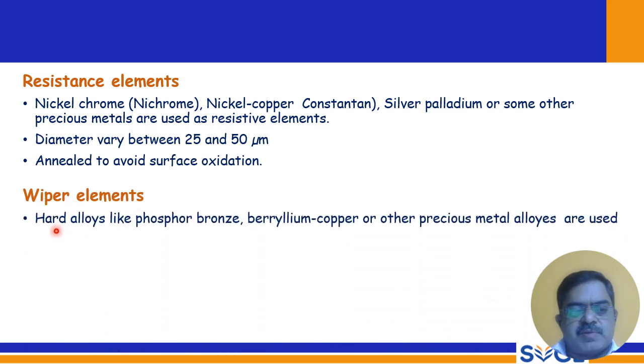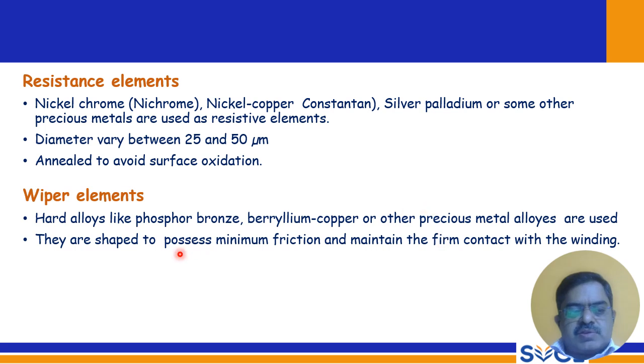Wiper elements are hard alloys like phosphor bronze, beryllium copper or other precious metal alloys. They are shaped to possess minimum friction and maintain firm contact with the windings. So these are the wiper materials and resistance elements.